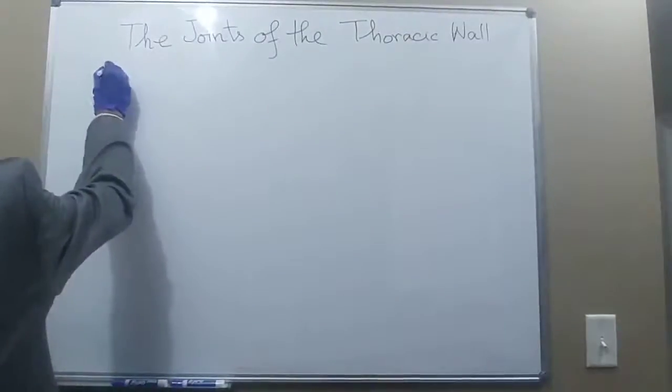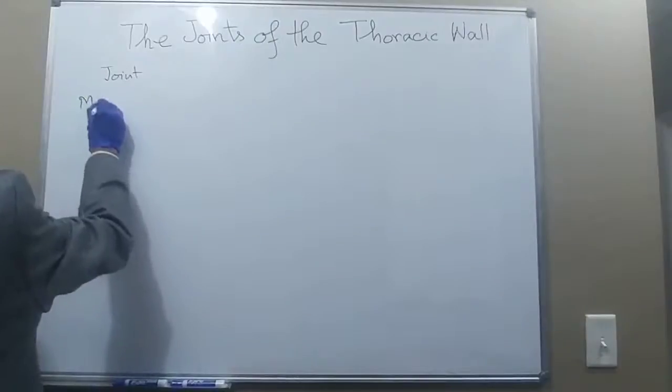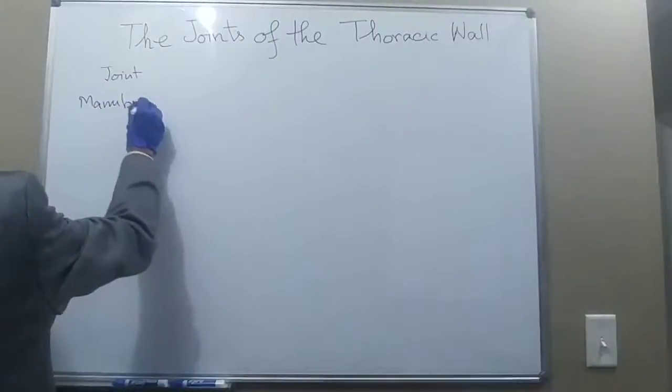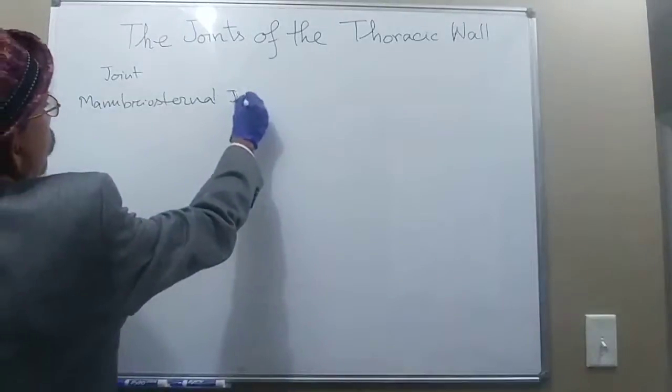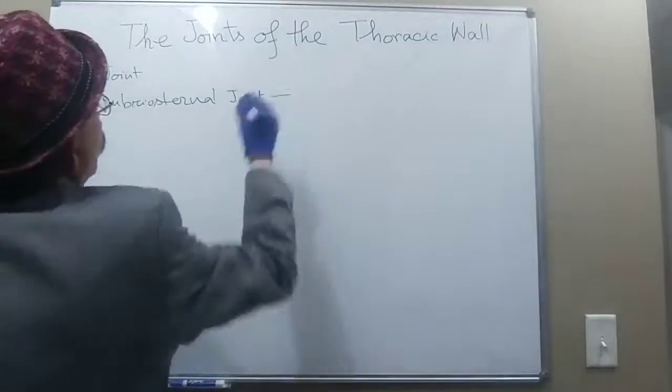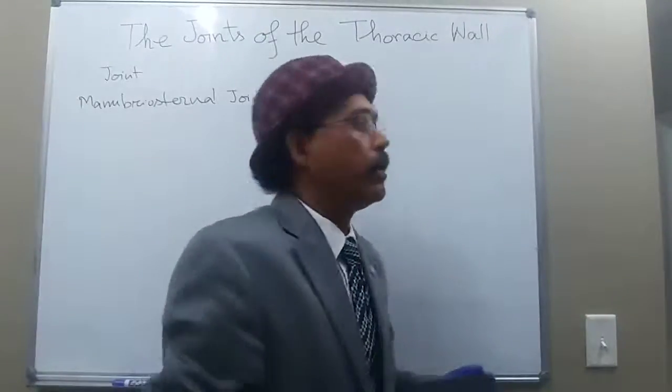The joint name is the manubriosternal joint. What type of joint is this? This is a secondary cartilaginous joint.